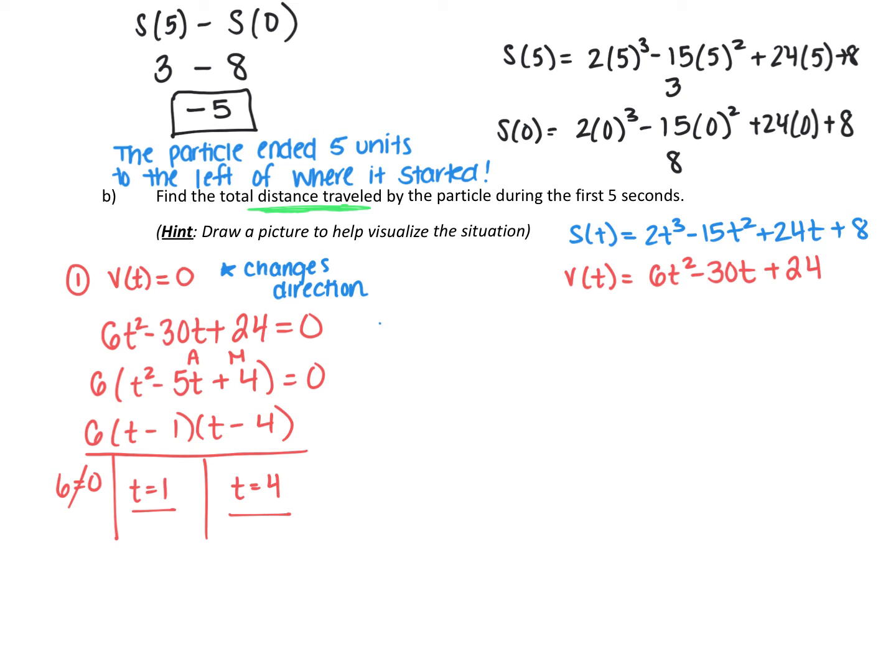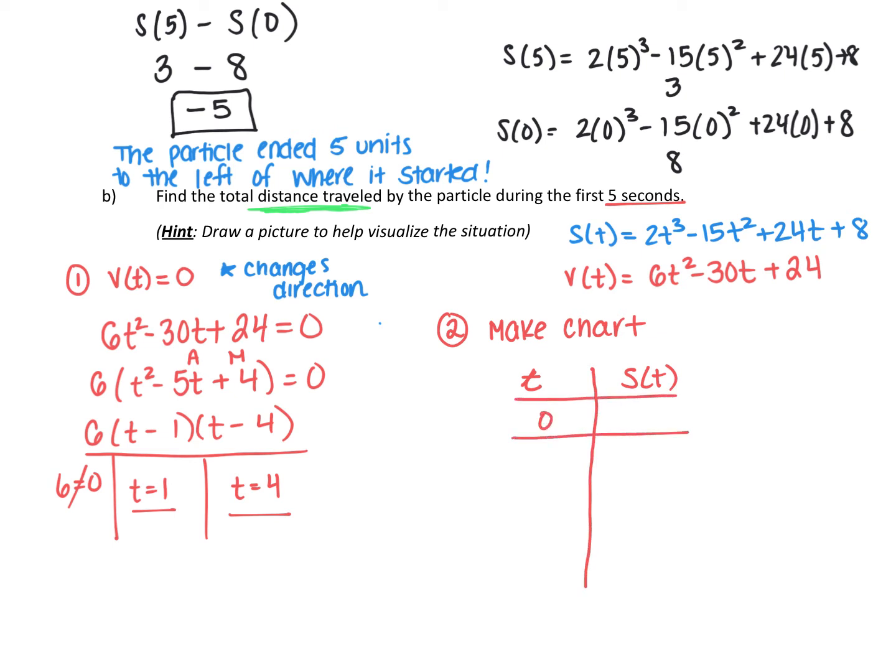So step 2 is going to be to make a chart. And you're going to make this chart with the values of the interval. So for the first 5 seconds, your chart is actually going to be t, and then your s of t values. And with this chart, we're going to do 0 and 5.